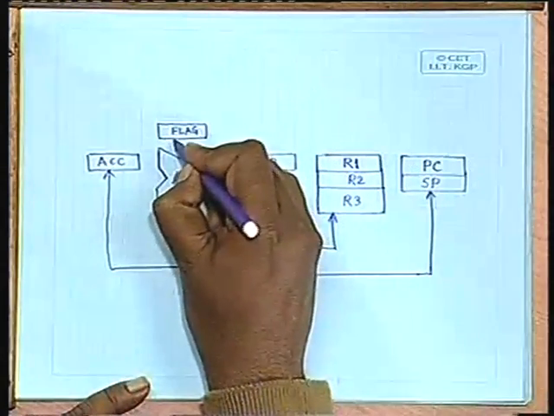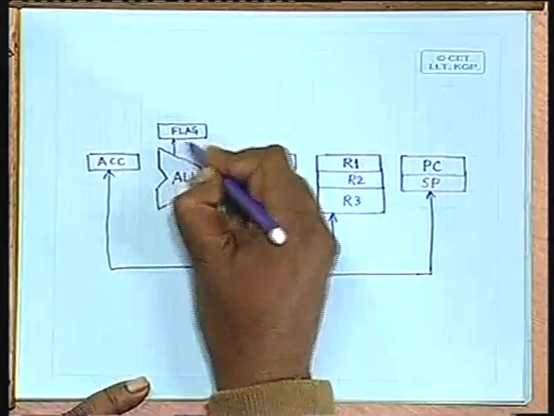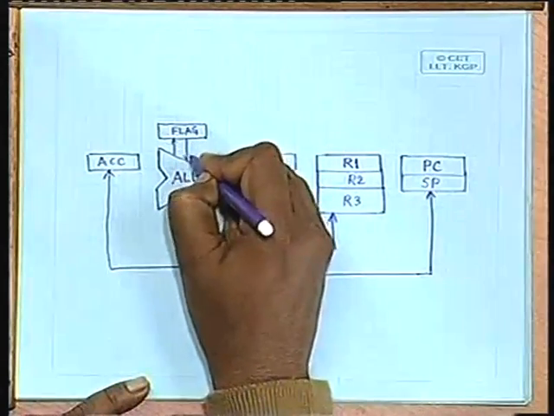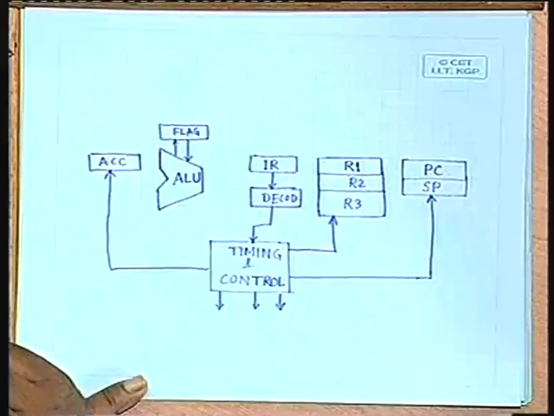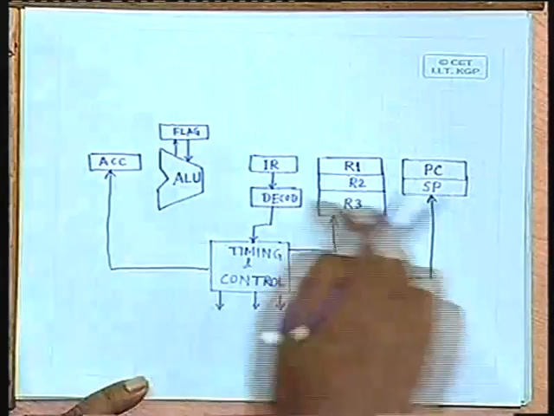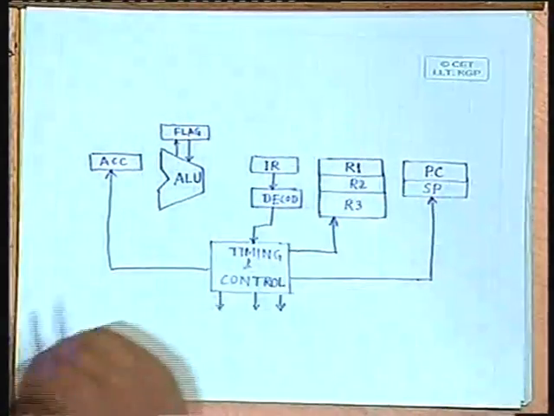These flags are also sometimes known as the processor status word. Now, these are the resources that I need in a CPU for execution of any particular task.